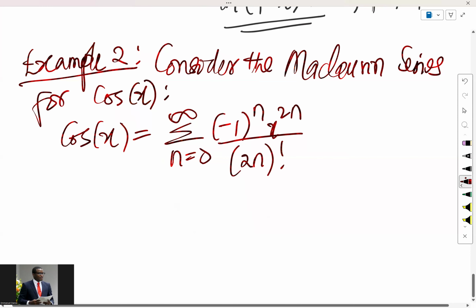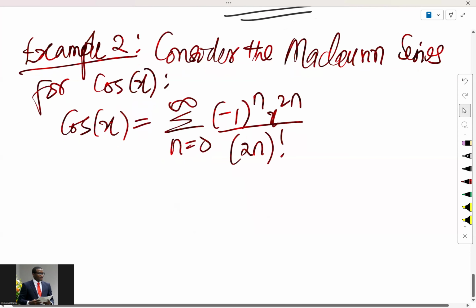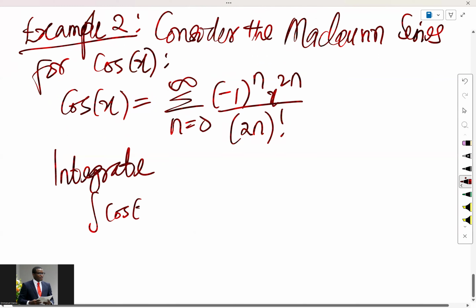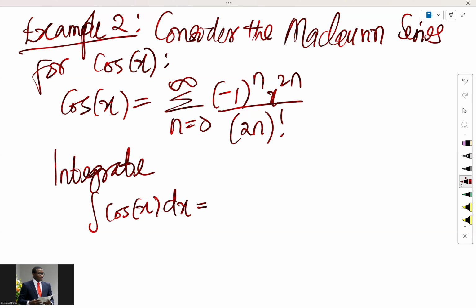Normally, we know when we differentiate cos, we get minus sine. So let's see if that is true, even from the point of view of power series. So we have to integrate. Of course, we know the integral of cos x dx should actually be... no. When you differentiate sine, you get cos.